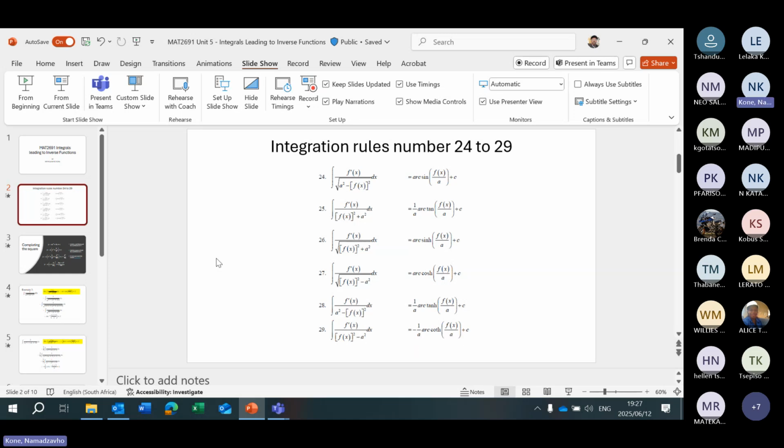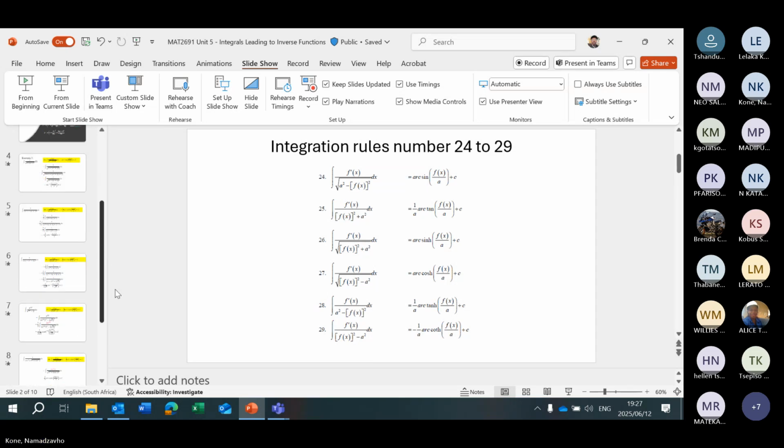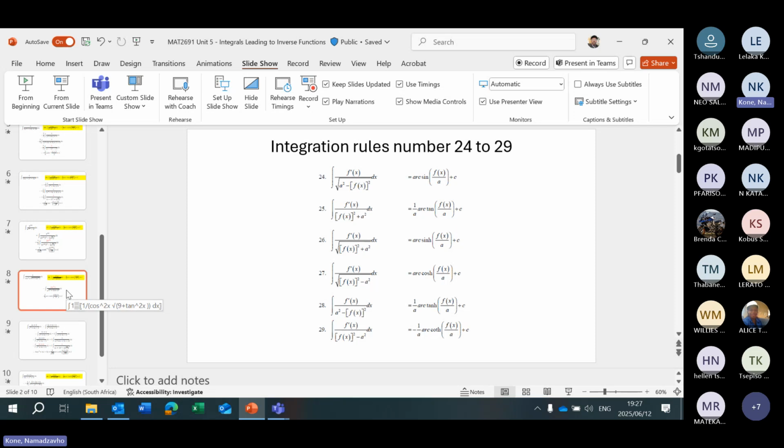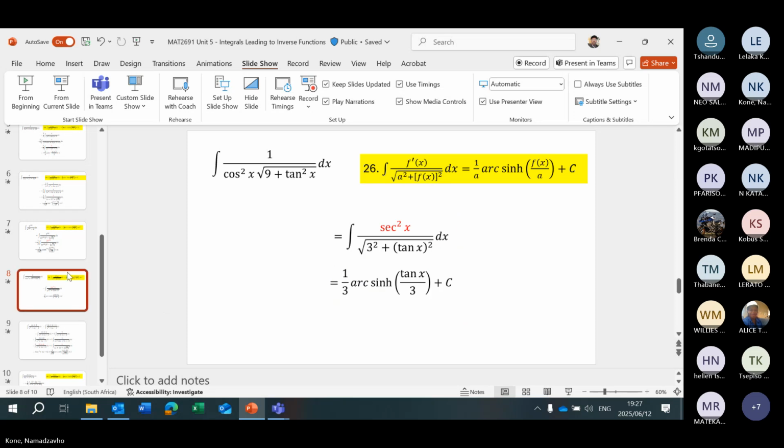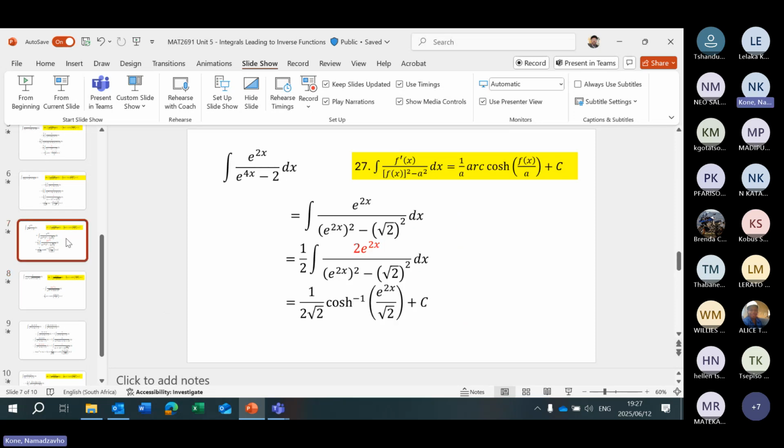So we need to fix this immediately. I went to the wrong one. This is the right one. So the correct rule is rule number what? 29, sir. It's 29, not 27.